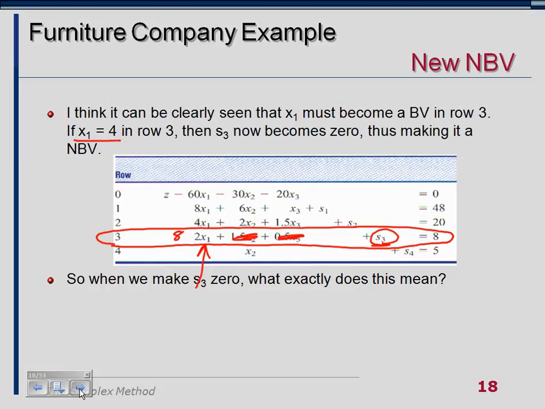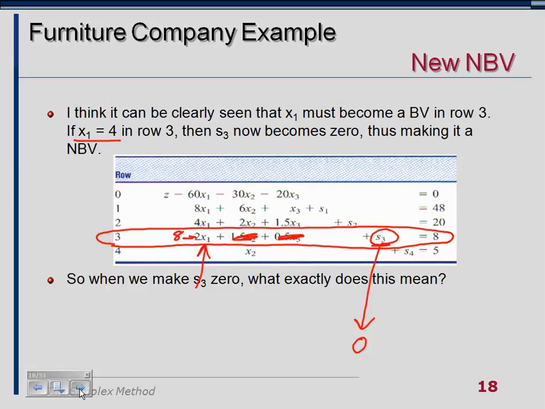He becomes 0. All right? So when we make S3 0, what exactly did this mean? Well, in reality, what it meant was we used all of that resource. So we had 8 finishing hours available, right? Well, we spent all 8 of them making desks.